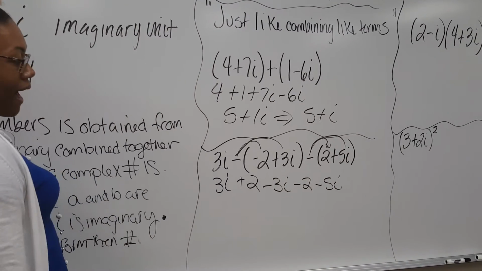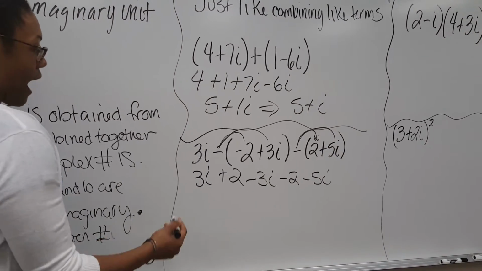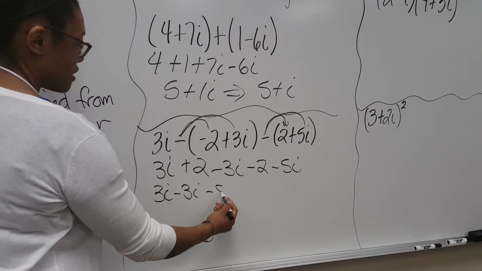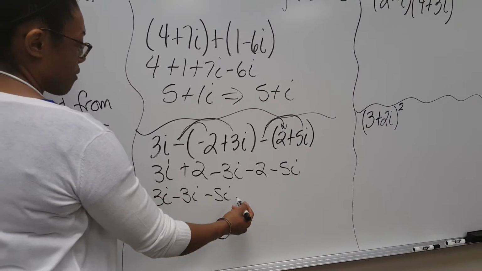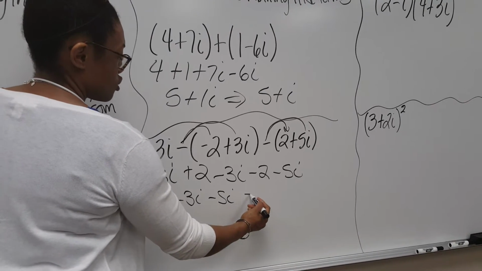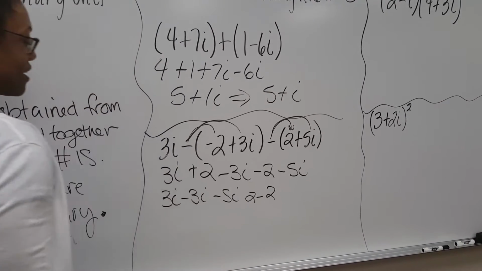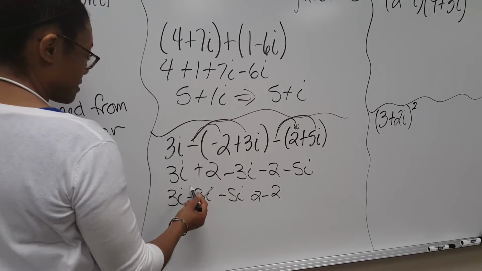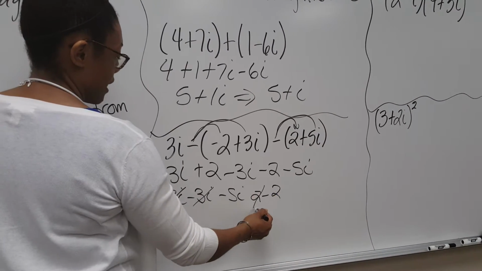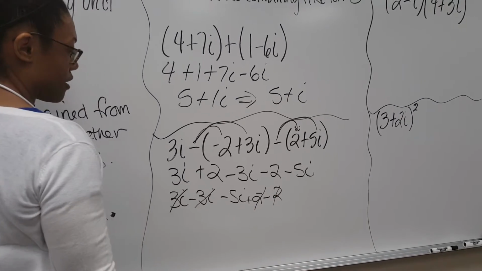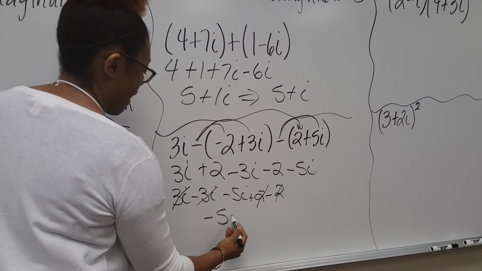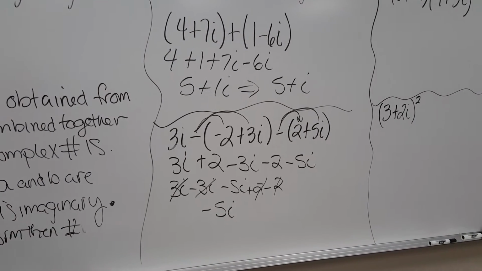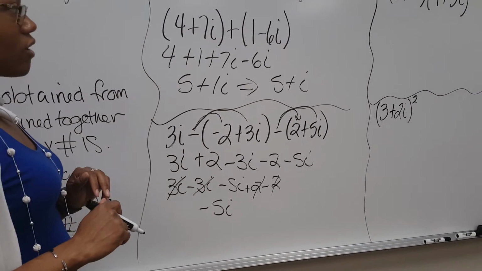Just like combining like terms, I would do 3i minus 3i minus 5i, and then I would do 2 minus 2. When I do all of that, my 3i's cancel out, and actually my 2's cancel out, so I'm just left with a negative 5i. So this would be considered to be a pure imaginary unit, okay?